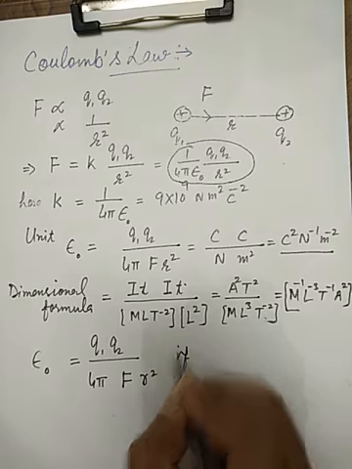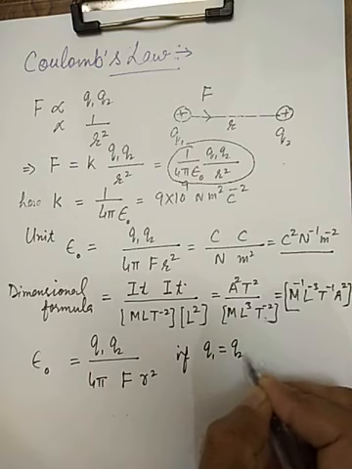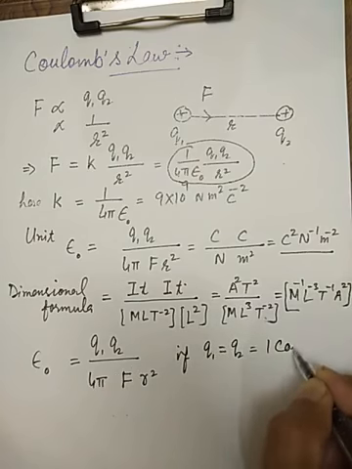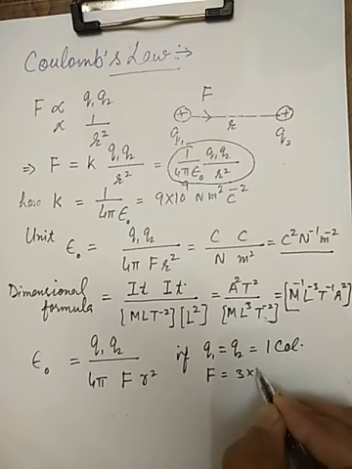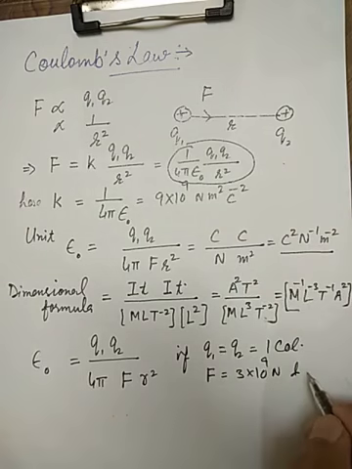Here we assume that q1 equals q2, equal to 1 coulomb, F has magnitude 9 into 10 to the power 9 newtons, and r, the distance between two charged particles, is 1 meter.